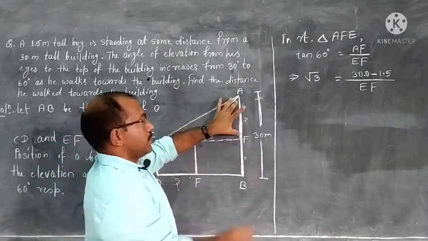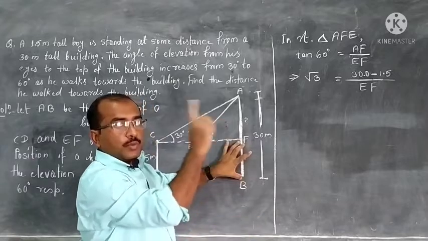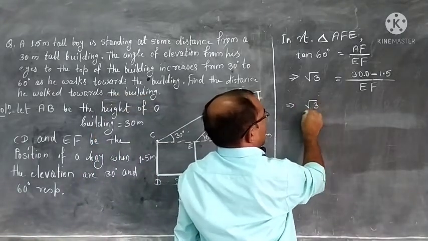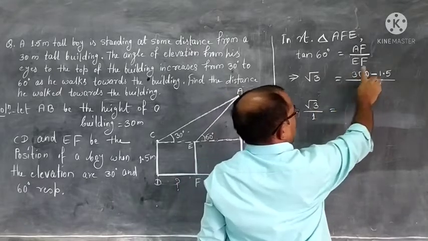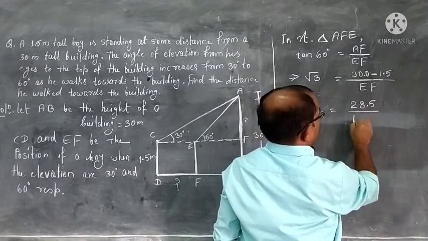So, AF is 30, the full height, minus 1.5. We get what? Root 3 by 1 we just put here. 30 minus 1.5 we will get 28.5 by EF.